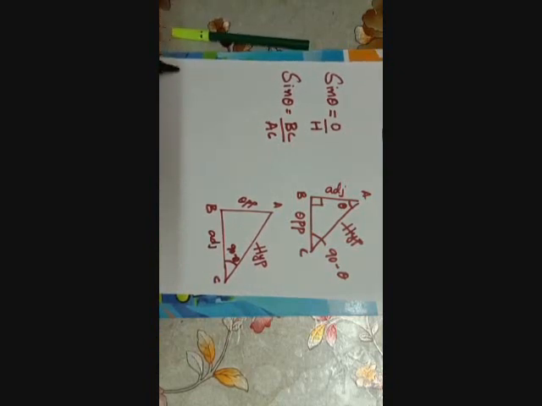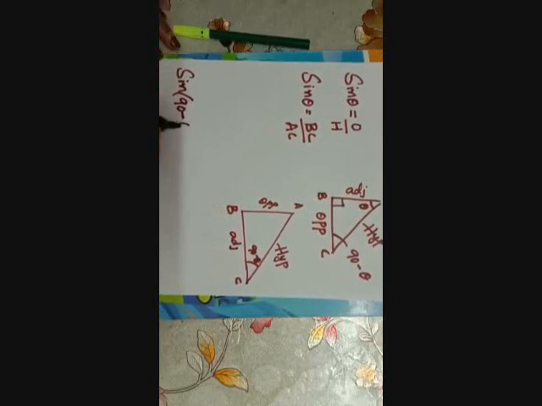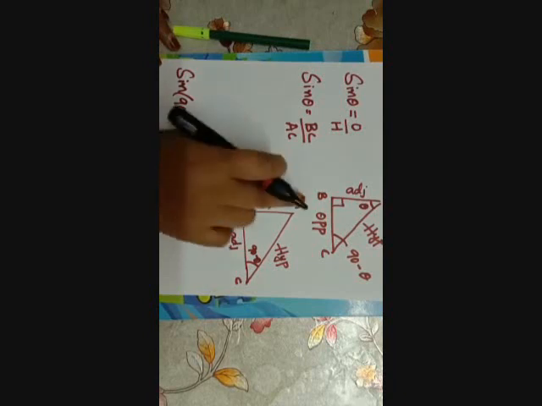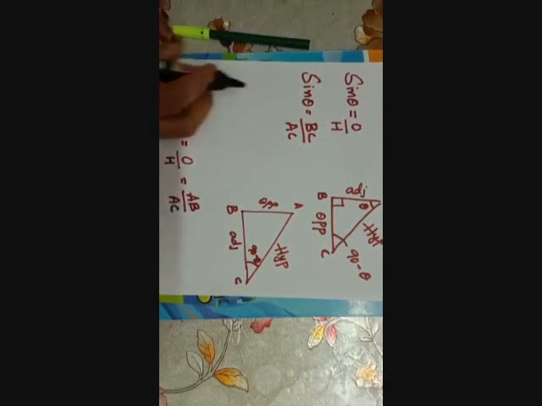So how do you find sine 90 minus theta? Sine formula is O by H. O is AB, by AC. Clear?